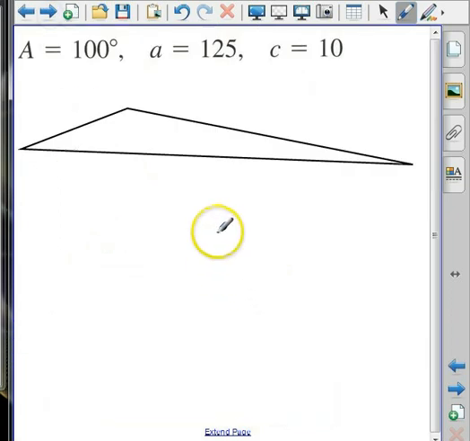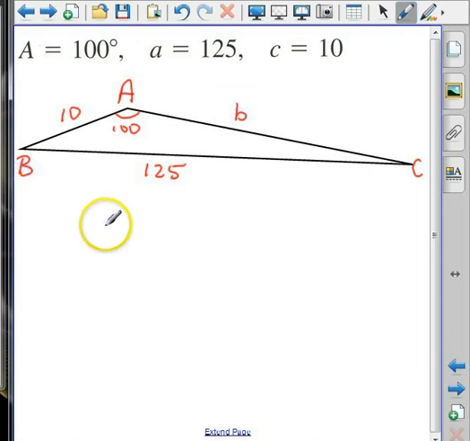Let's do an example. So let's say that angle A here is 100 degrees. Side A is 125. Side C is 10. So we'll make that angle C. And there's angle B and side B. So it's our job to find the missing parts of this triangle.